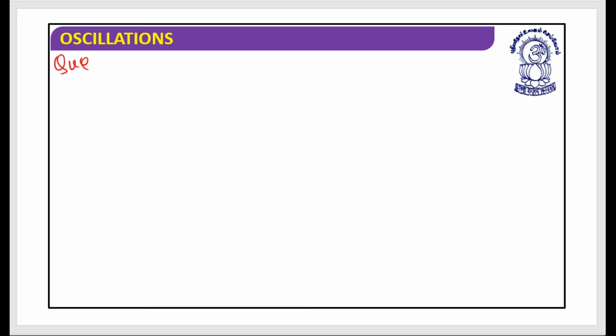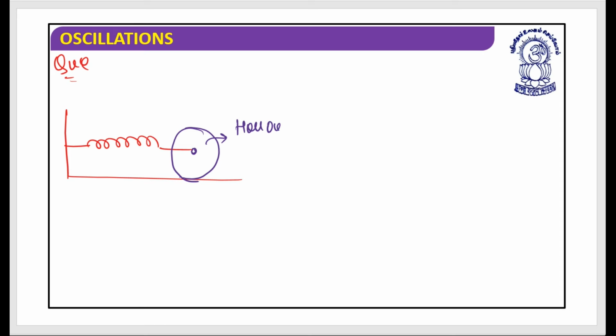The question says that we have a spring that has been attached at one end, and at the other end there is a hollow sphere having mass m and radius r.